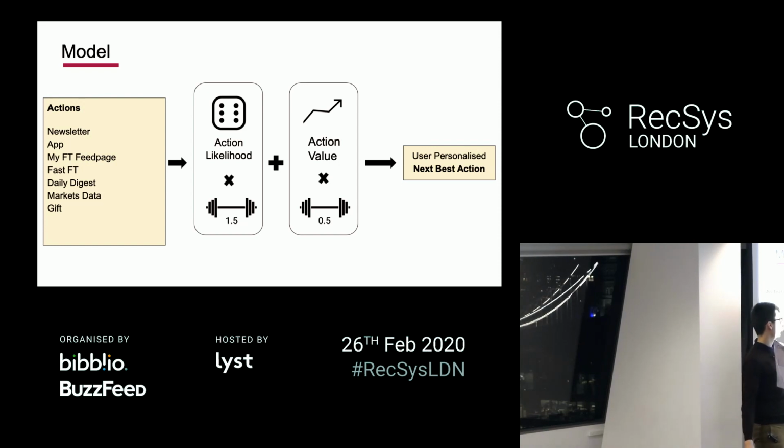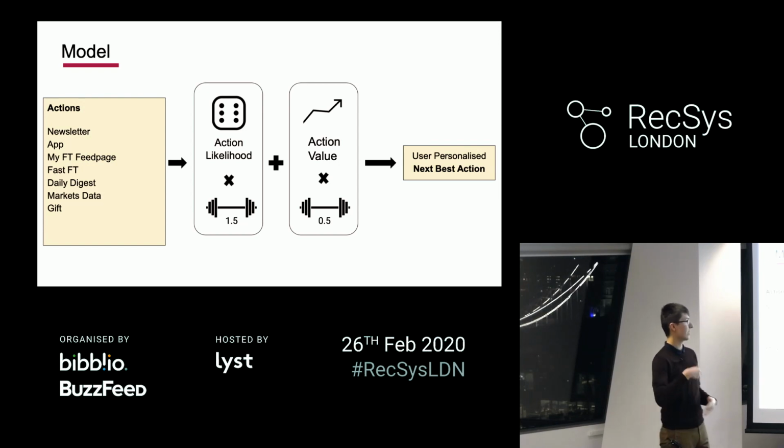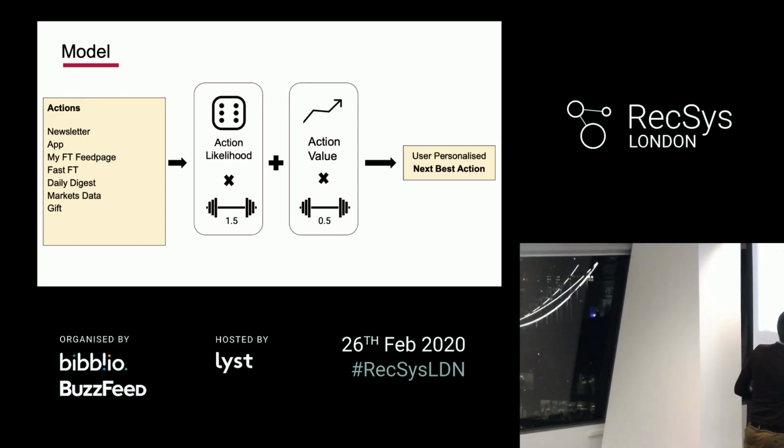We give some inputs to our model, the model outputs a probability, and we multiply it by 1.5. Then we add the action value, which indicates the expected increase in engagement of our user from signing up to the newsletter, multiplied by its weight, which is 0.5. We sum those two things together and come up with the action relative value.